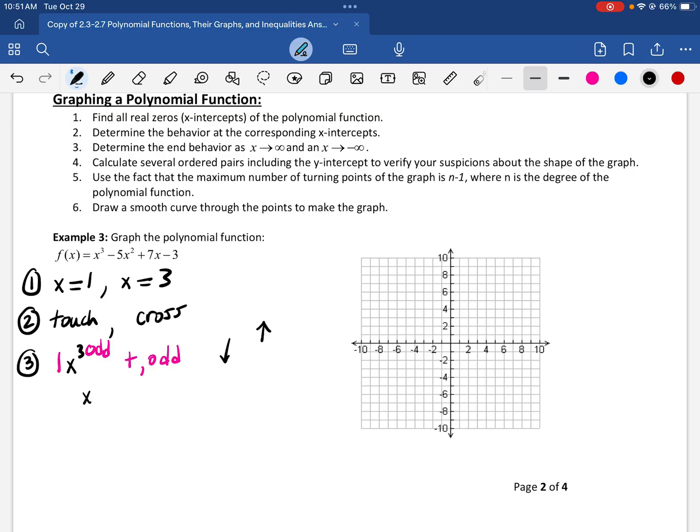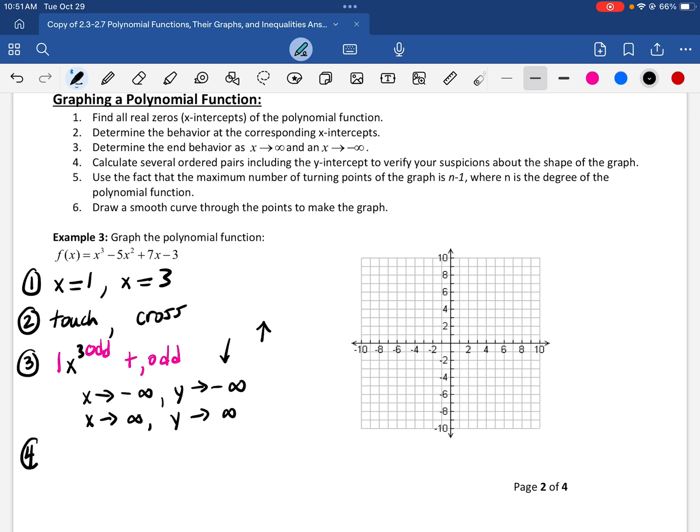So that tells me as x goes to negative infinity on the left, the y is pointing down, so it's going towards negative infinity. And on the right hand side, x's go to infinity, the arrow is pointing up, so the y is going towards infinity. And so that's how I know what the ends are going to be doing.